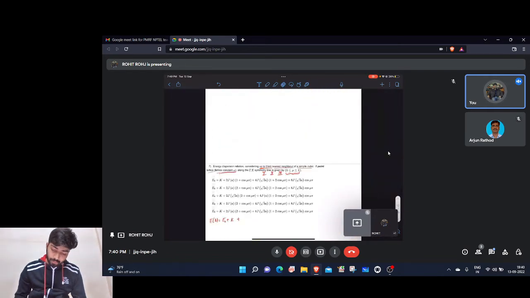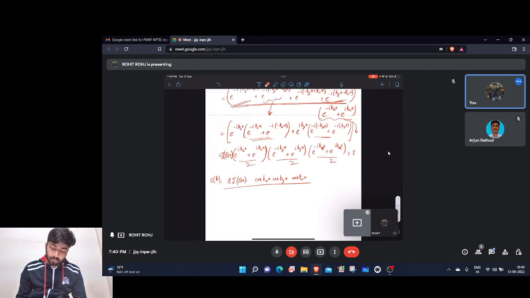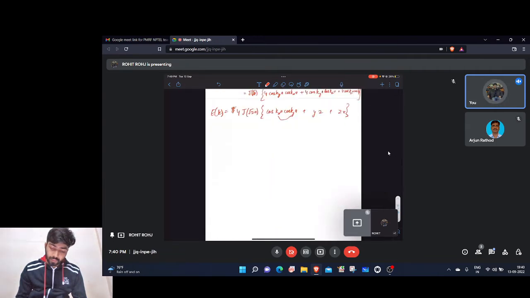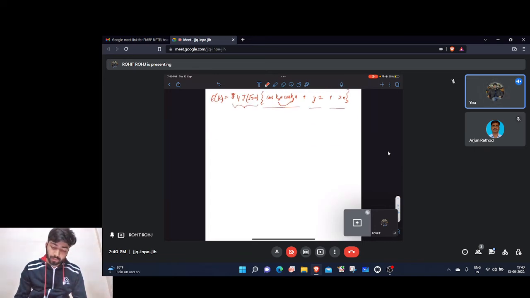I'll quickly go there. So we have 2j and summation of cos kxa plus cos kya plus cos kza. Then we had the second nearest neighbor relation, which was 4 times j and summation of 3 factors.